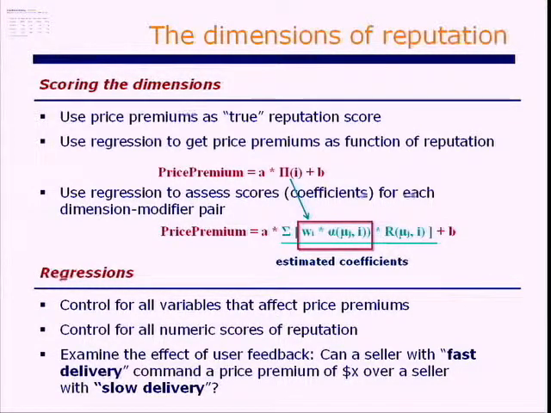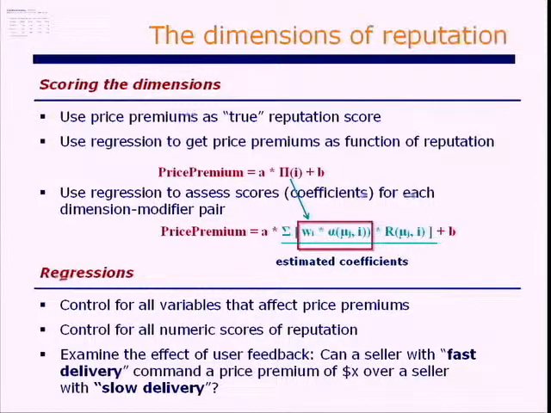So, and again, just to highlight this, what we're doing here is using these price premiums as being completely determined by our control variables and the reputation as embodied in the text.